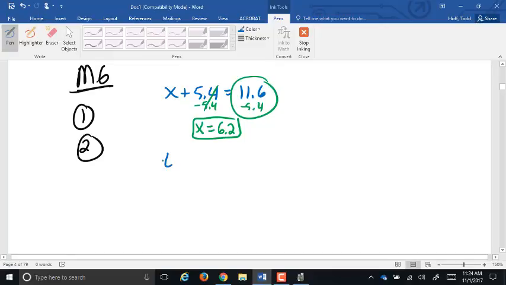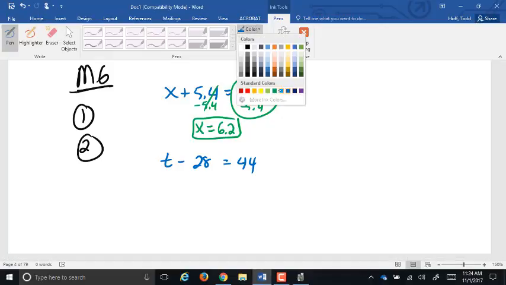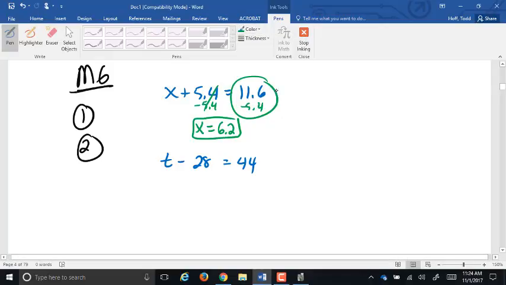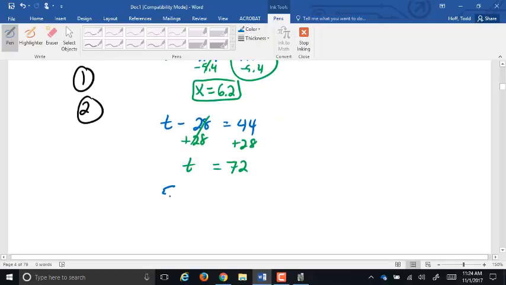Then the second one, t minus 28 equals 44. What do we have to do to solve that one? Add 28, good. So t equals 72, perfect.